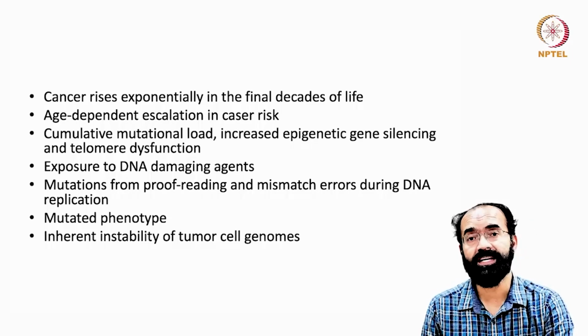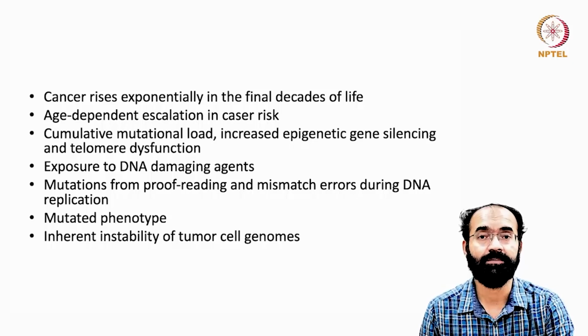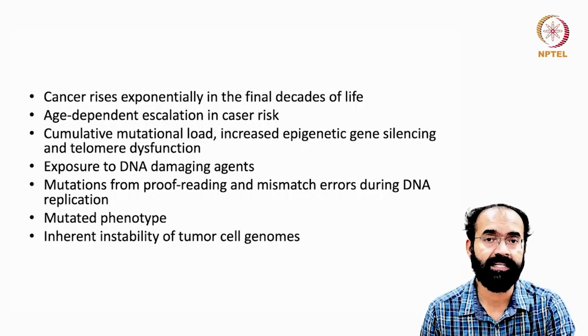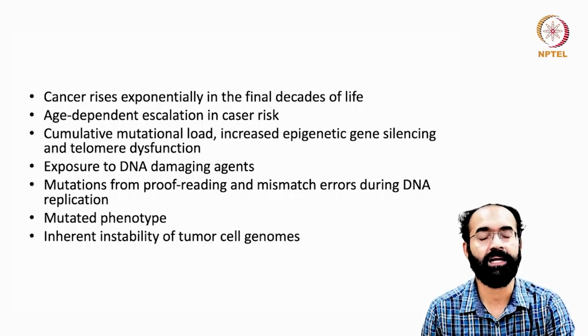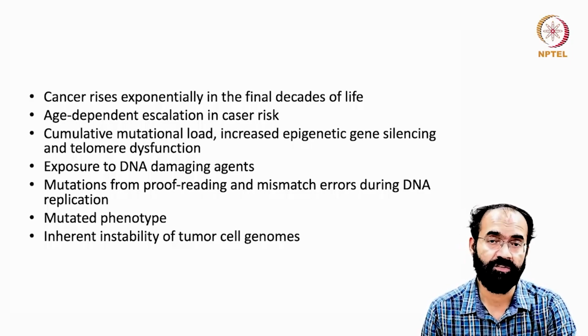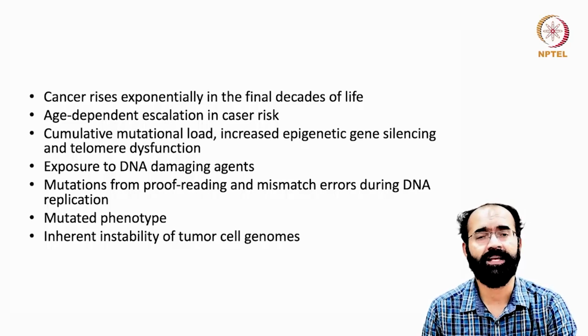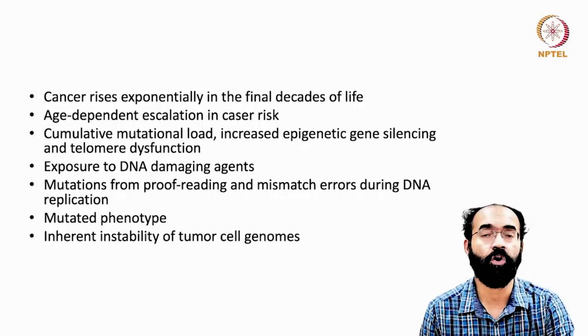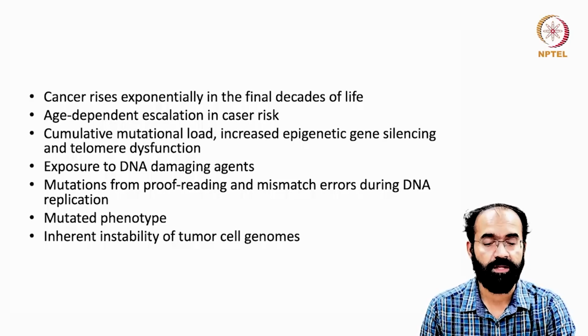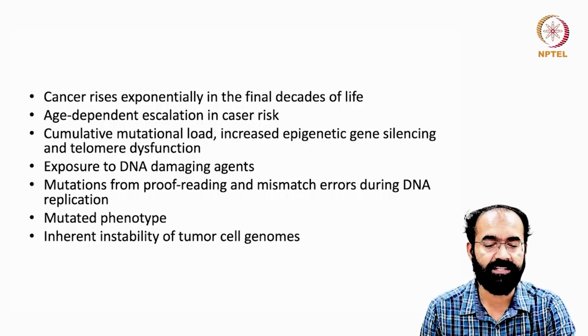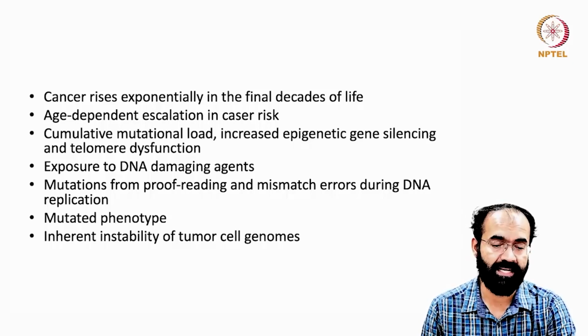So exposure to DNA damaging agents is one of the initial steps in getting cancer, and then the rest of the problems like shortened telomere length or reactivation of telomerase and various other factors contribute together to establish cancer. So, mutations from proofreading and mismatch errors during DNA replication.